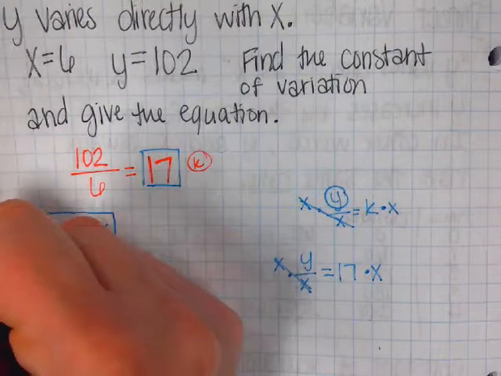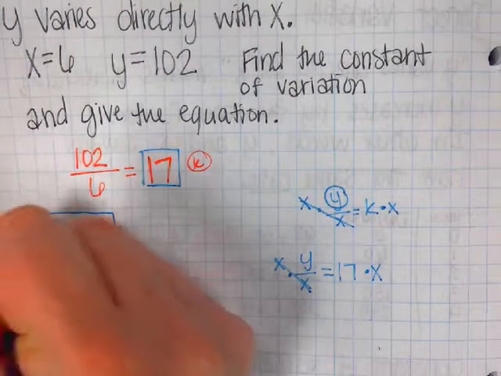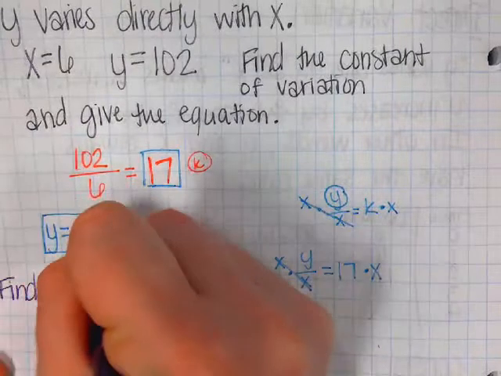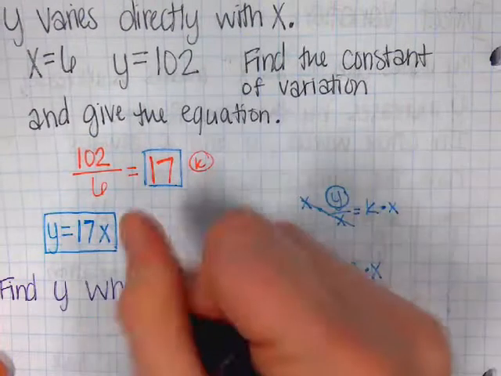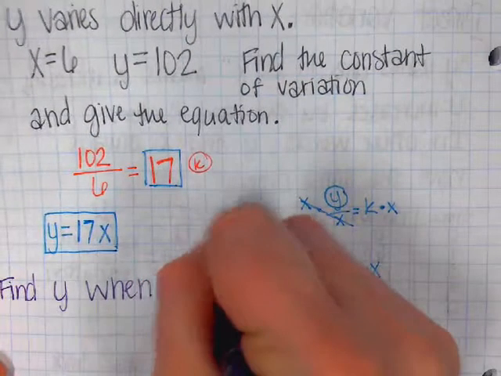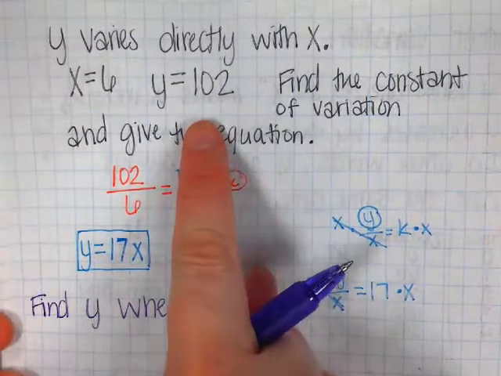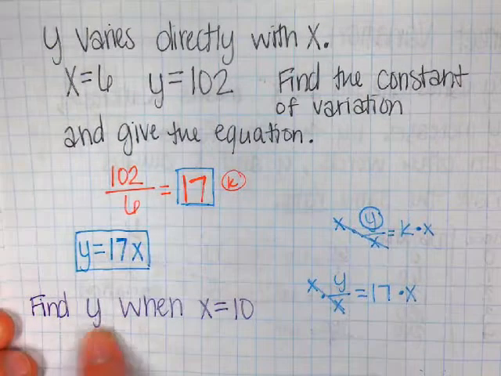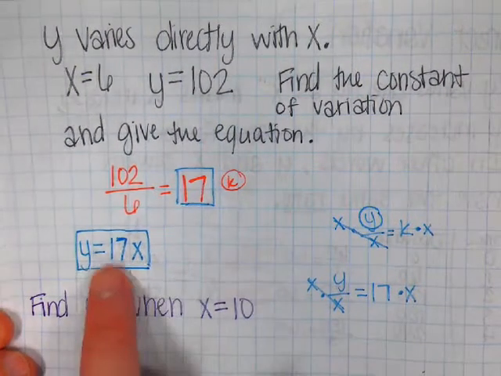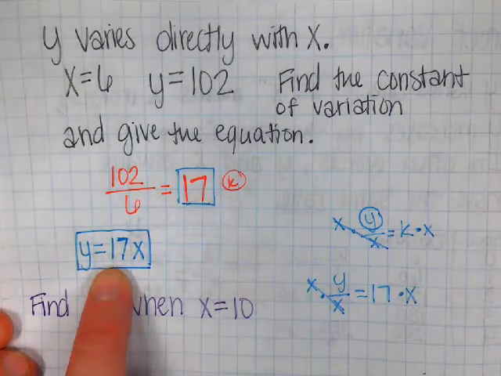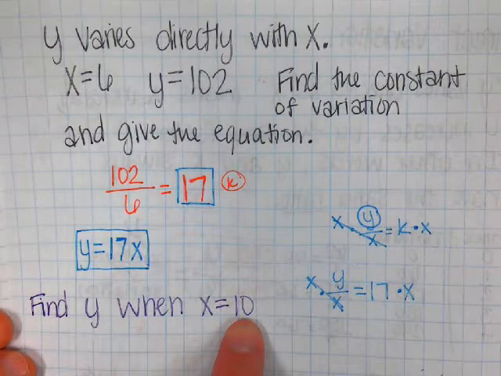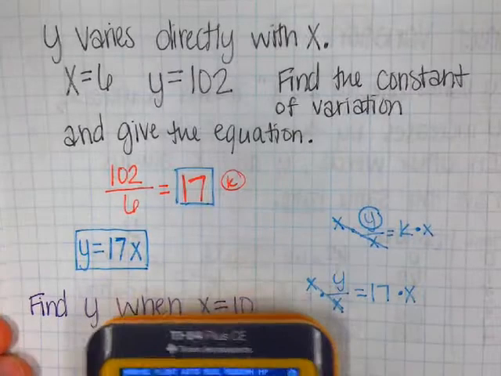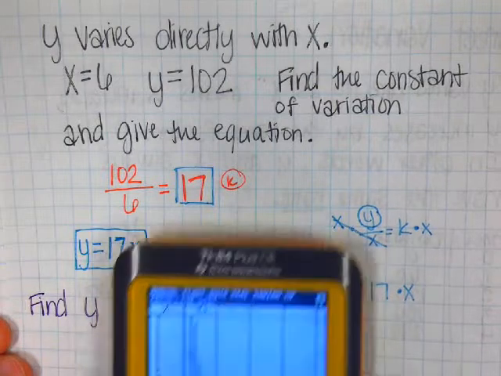Now the next thing that you're going to typically see when you're doing these direct variations is they're going to say find y when x equals 10. So for this same exact problem, it's asking to find y when x equals 10. We already have the constant of variation, and now it's telling us to use 10.